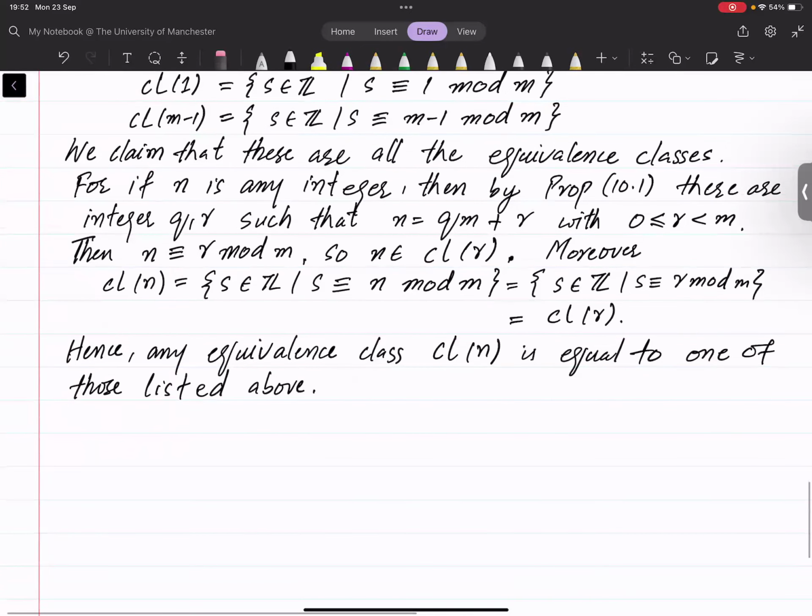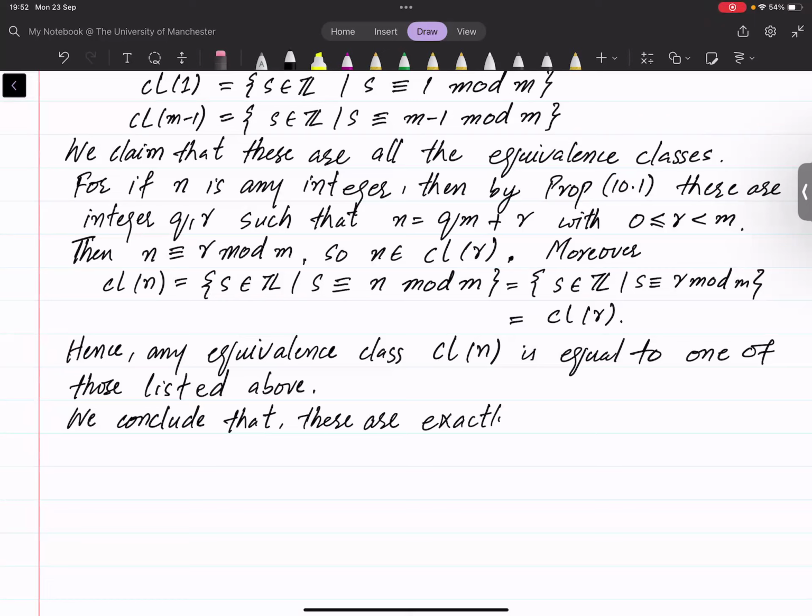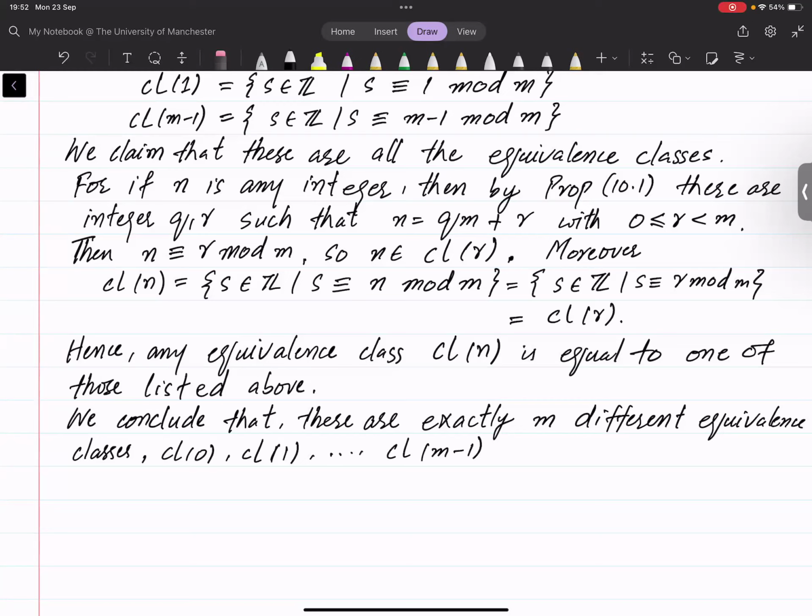Now, we conclude that there are exactly m different equivalence classes, CL of 0, CL of 1, so on up to CL of m minus 1.